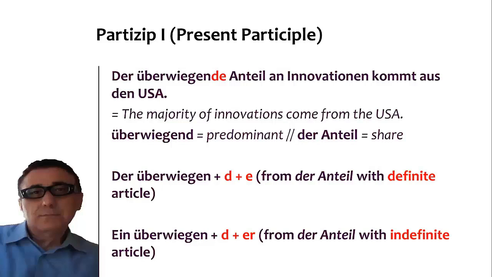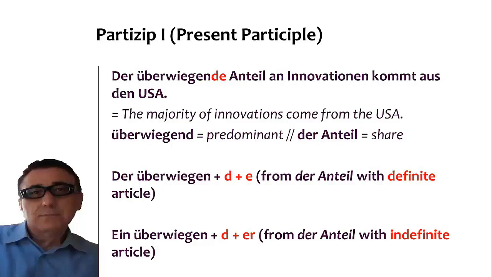In order to make Partizip I, as you see, there is a difference here between definite article and indefinite article. If I am talking about a definite and specific share, then I must use der Anteil.